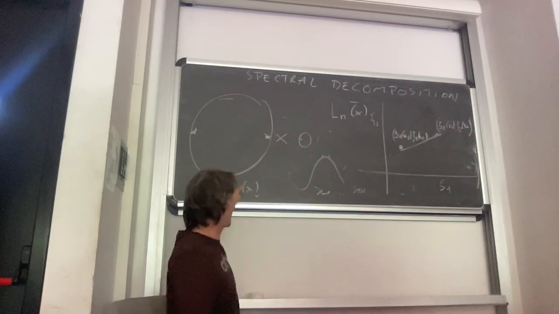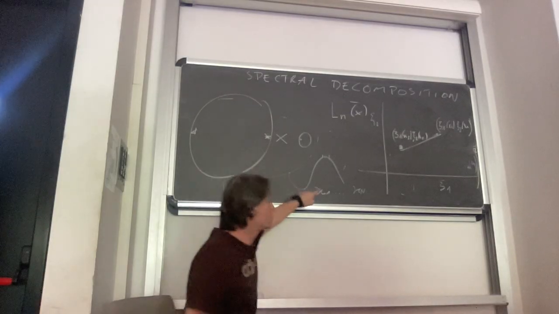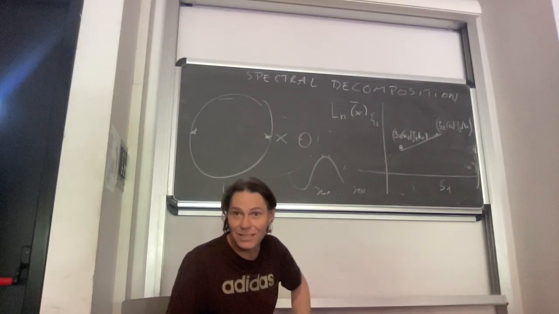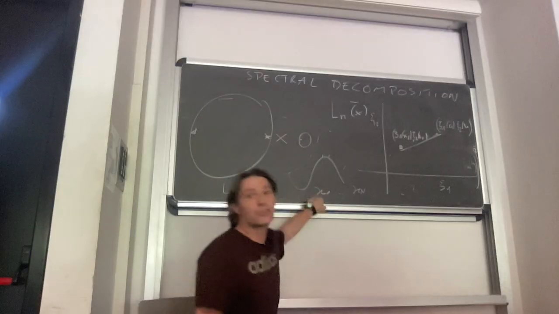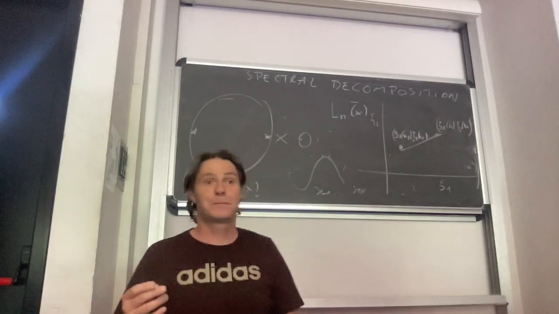I don't need the values somewhere in between these points. So I only need the value at the discrete points that I have in my ensemble.